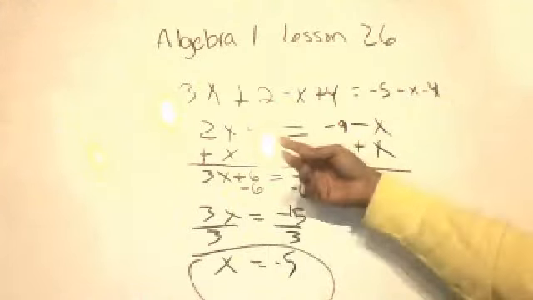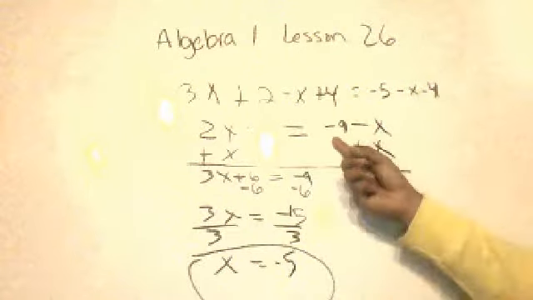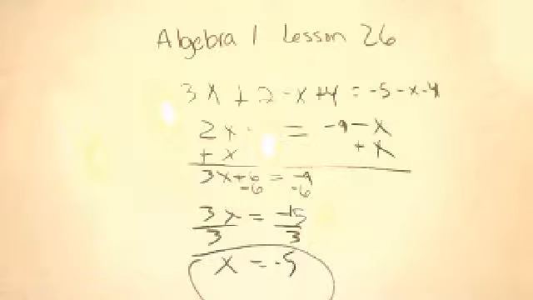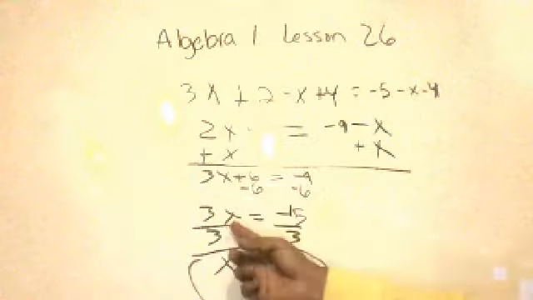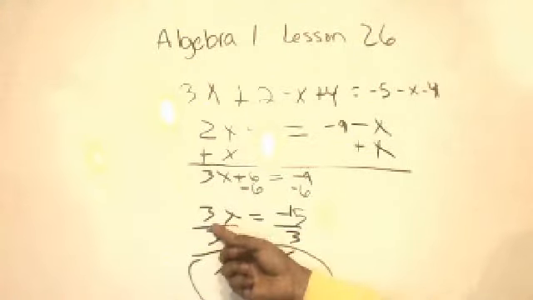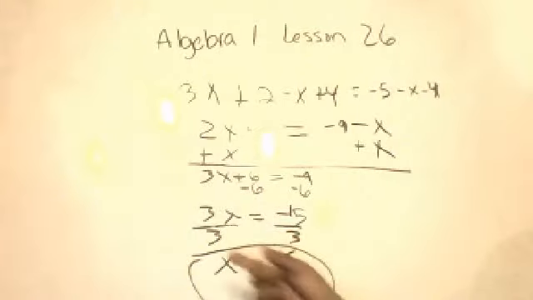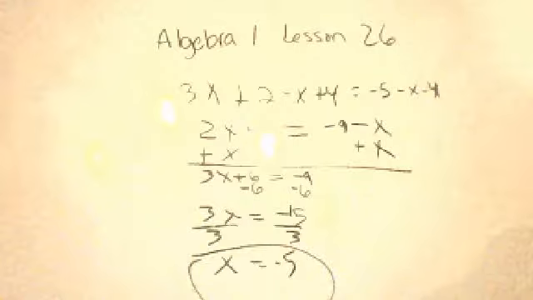A constant term is a number without a variable, like 6 or negative 9. Then you want to solve for the variable, or get rid of the coefficient of the variable. Doesn't this variable have a coefficient of 3? So how do you get rid of it? You divide by itself or multiply by its reciprocal, because you want it to equal 1. You want x just to be x times 1, and that's what you do.